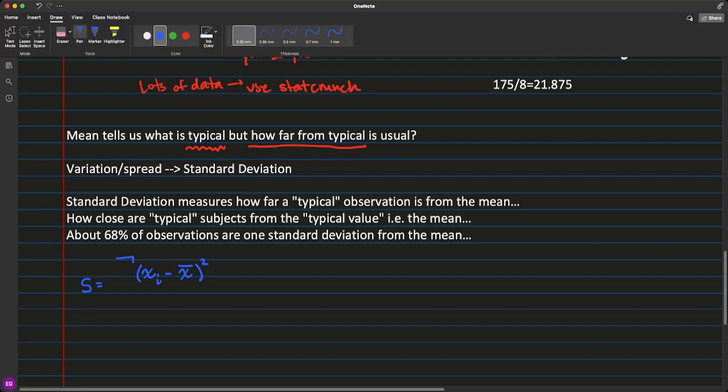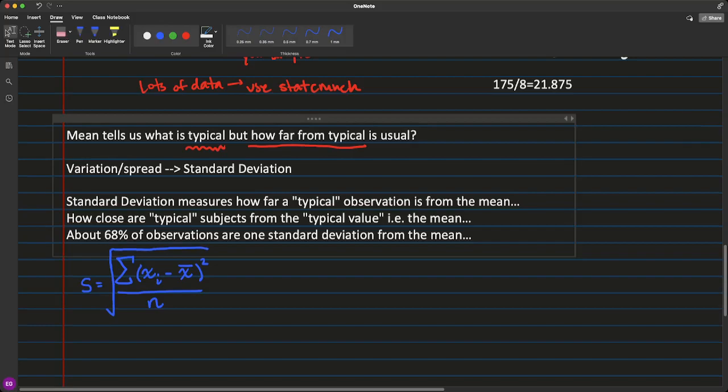And then you add all of those together. And then what do you do to that? Divide by the number of observations, and then take the square root. Now I imagine that some of you who don't like calculating things are like, holy crap, that is not cool. Luckily, StatCrunch is going to usually do this for us. So let me just take you back to StatCrunch.